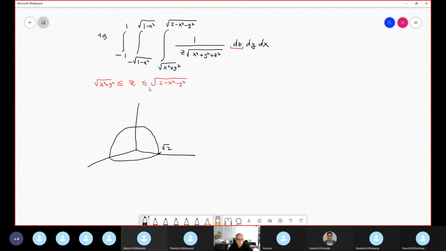Because it's these two. And we have a cone. And remember, we have the curve that represents the intersection. The radius 1, yes. The radius 1.